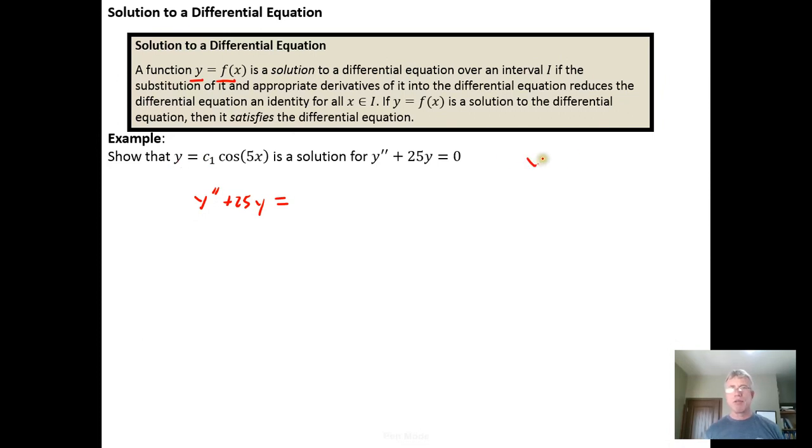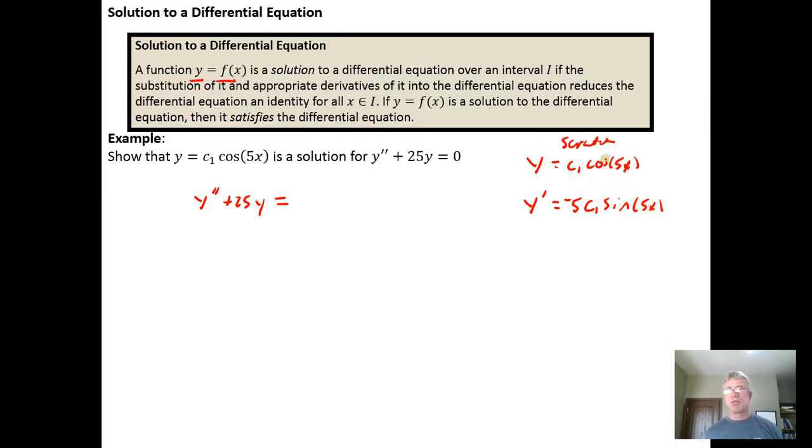So over here, for my scratch work off on the side, I'm going to write down my c sub 1 cosine of 5x, and I know that I need the second derivative of y. So first I calculate the first derivative, which is going to be negative 5c sub 1 times the sine of 5x.